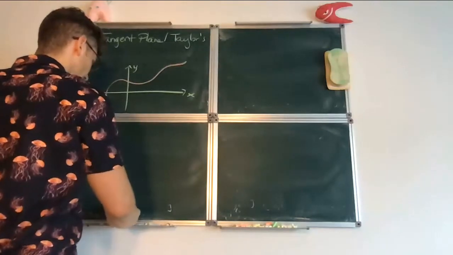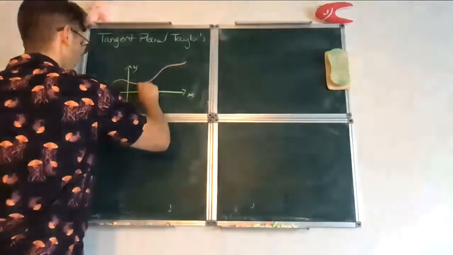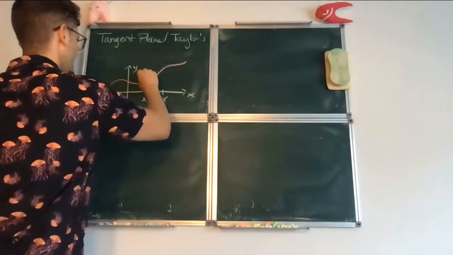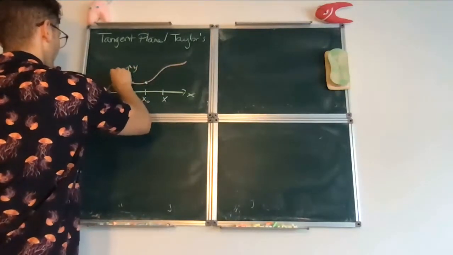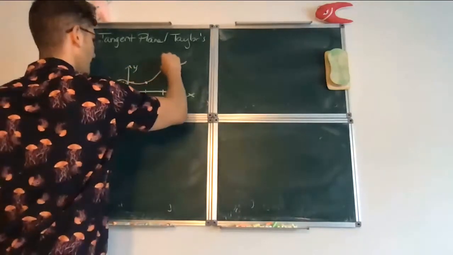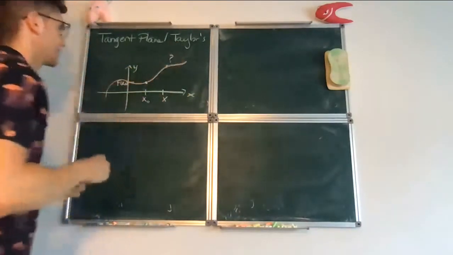Say you have a point x naught here and a point x. Let's say that you know the value of f at x naught, and you want to estimate this point, so you don't know what the value is.